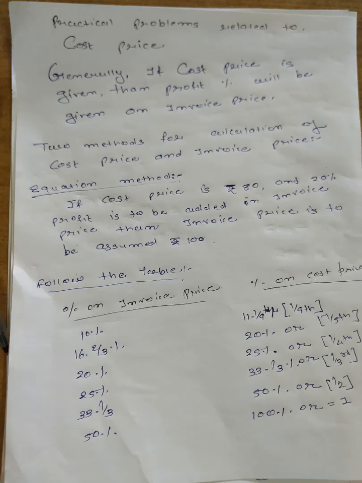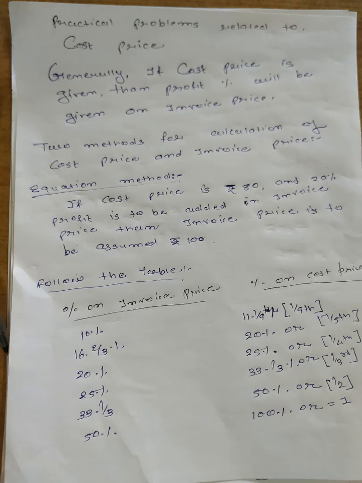So this is the old traditional method. It is a time consuming method. The second method is the table. You have to remember the percentages and their effect on each price vice versa. Now suppose in a sum the invoice price is there and profit percentage is given on cost price, you can convert the profit percentage on one price to another price.